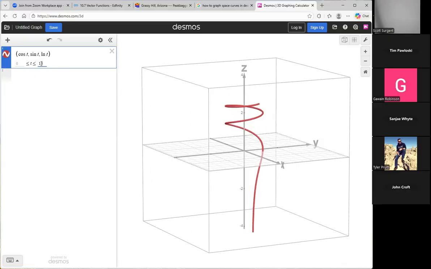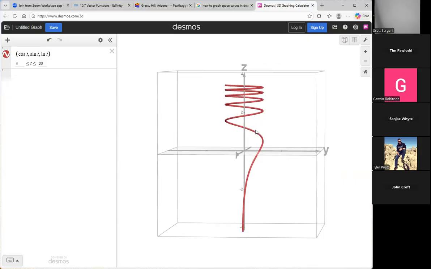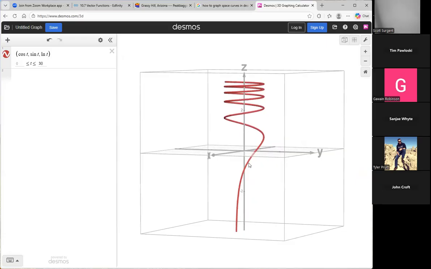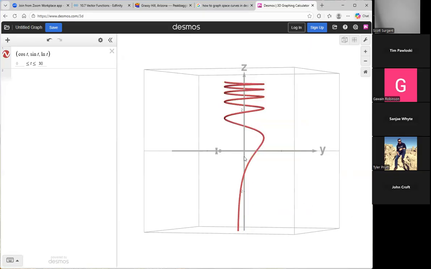Let's go to 30. It's pretty nifty. So that's Desmos 3D. You type in the x, y, and z in this fashion, play around with the t values, and have fun with it.